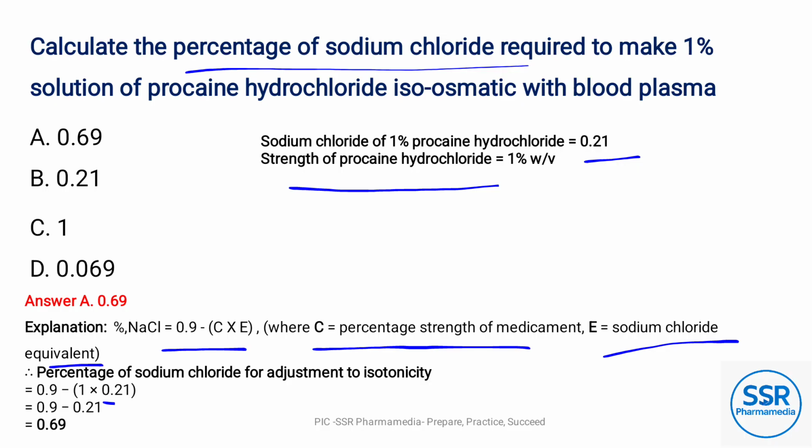So 1 into 0.21, and finally 0.9 minus 0.21 is equal to 0.69. So the answer is option A.